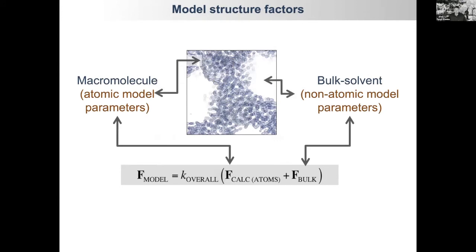As I said, the crystal content is a contribution of two parts: your macromolecule, and a bulk solvent. So the total model structure factor that accounts for the entire contribution of the crystal is some scale plus structure factor that arises from atoms here, and structure factors that arise from bulk solvent. That's a very high level picture.